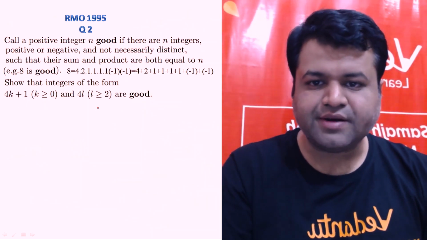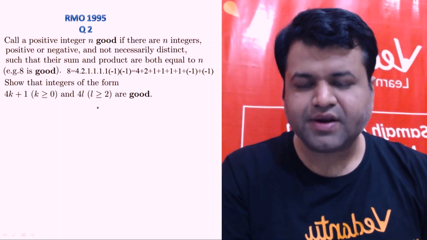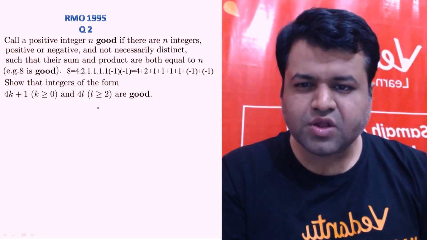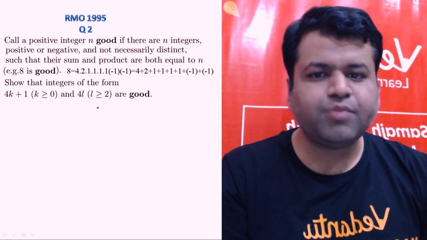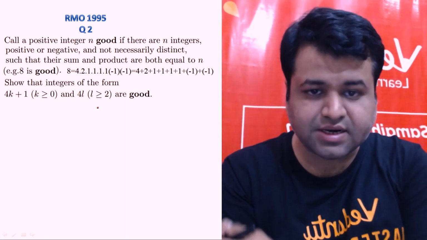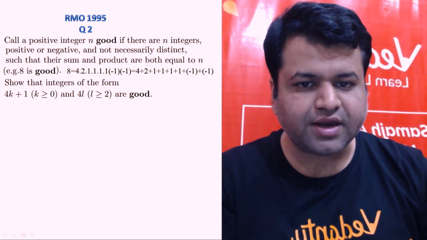Question number 2. As you can see, this question seems to be from number theory. It says: call a positive integer n good if there are n integers, positive or negative, not necessarily distinct, such that their sum and product both equal n.